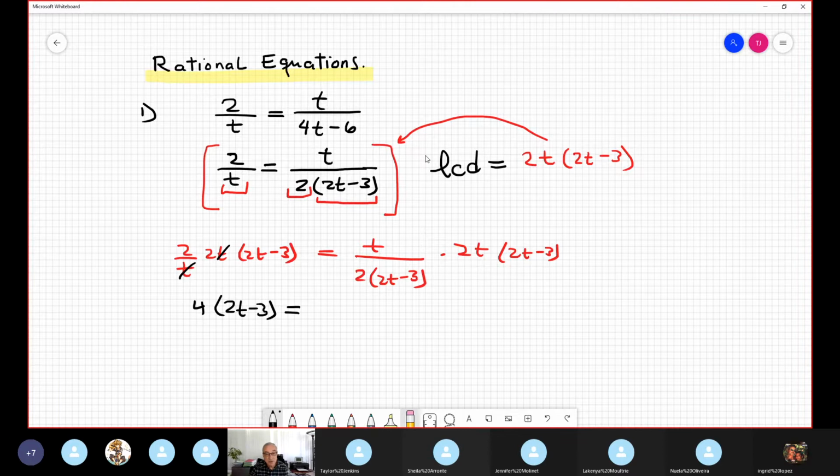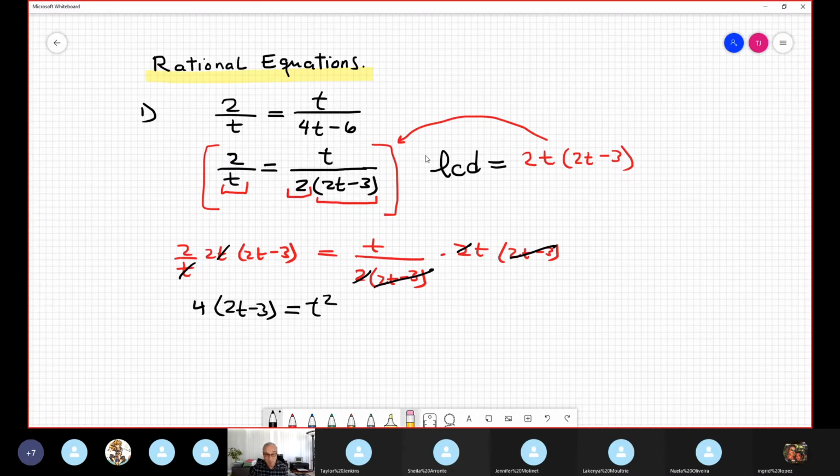And these two cancel, and this 2t minus 3 is cancelled. And we have t times t. And we have a new equation. I suppose it's relatively easier than the original because it does not contain a fraction.